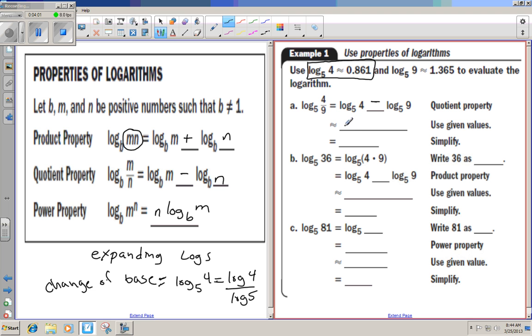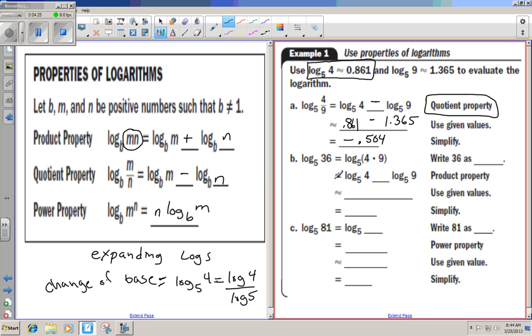This part right here is 0.861. You're going to subtract log base 5 of 9, which is 1.365. And when you type that into your calculator, or if you just simply subtract, you end up with an answer of negative 0.504. The quotient property is what you really need to be practicing right now, though.